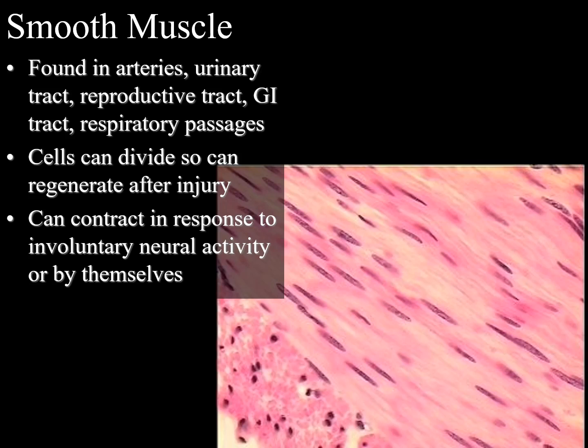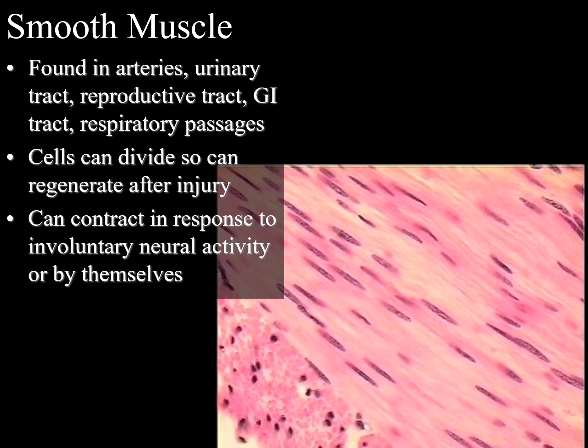As I said, there's lots of smooth muscle in the GI tract. You also have it in respiratory passages, and when these smooth muscles start contracting when they shouldn't, that can give you asthma because it's starting to close off some of these little air passages and you're not able to ventilate your lungs the way you should. They're also found in the reproductive tract, the urinary tract, and in arteries.